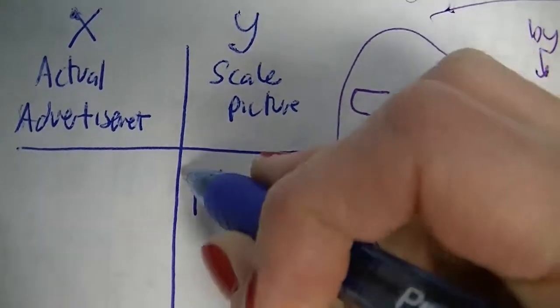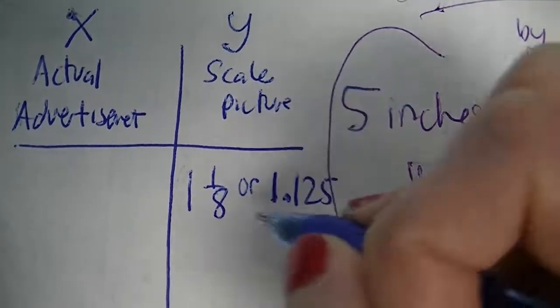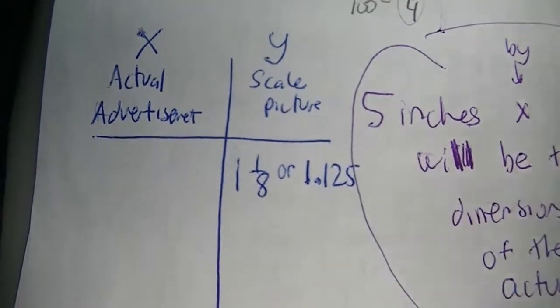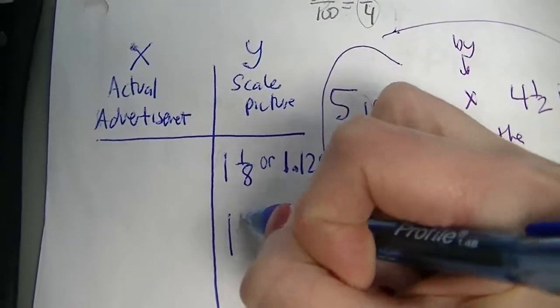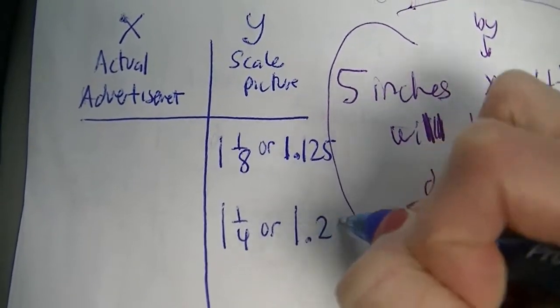And if you're like, where'd the 1 come from? It's from here. That 1 is with that 1. The 1/8 is 0.125 right there, okay? So if you're more inclined to like the decimals better, that's cool, I don't care. And then we got 1 1/4 in the scale. Or again, you can write that as a decimal, it'd be 1.25, okay?